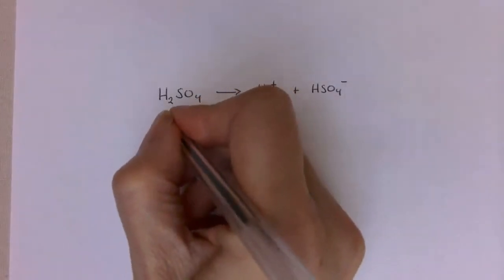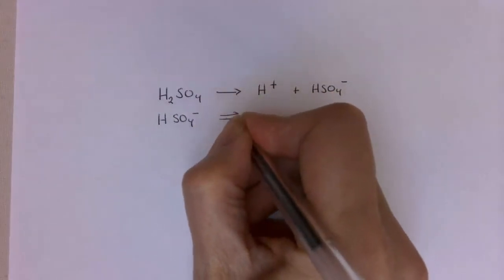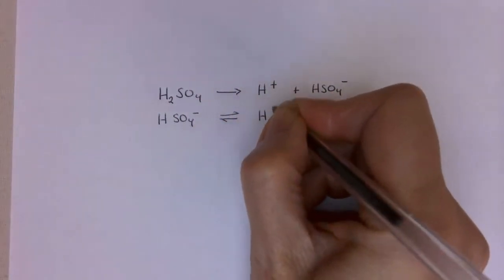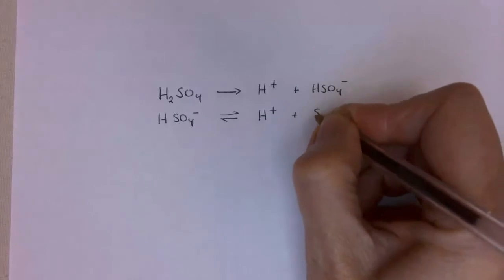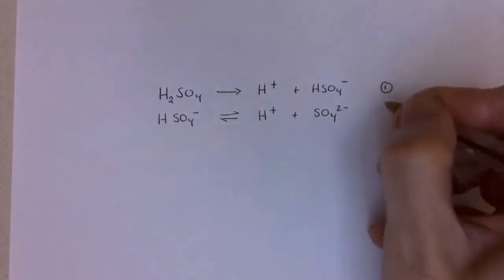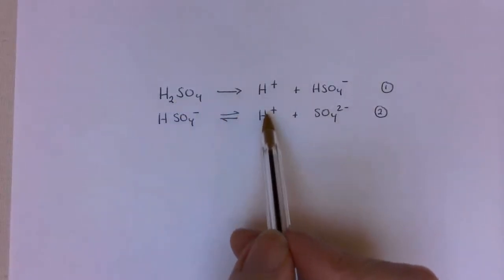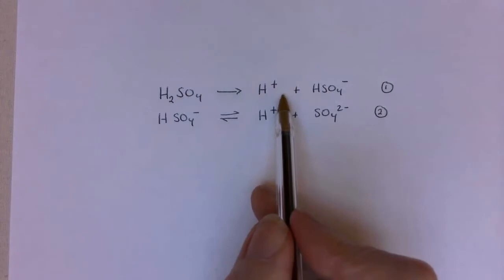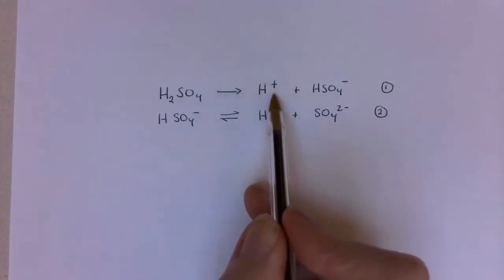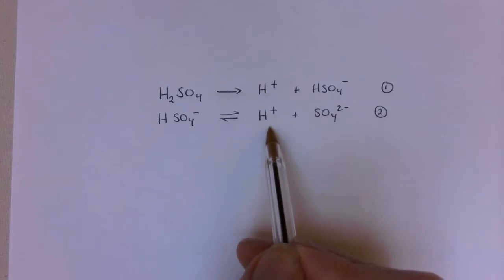The next one we have HSO4 minus dissociates into the hydrogen ions again and SO4 2 minus. So we have the two steps. So this doesn't all happen in one go. First of all, the first hydrogen ion is lost. So we do step 1 of our dissociation and then step 2 of our dissociation.